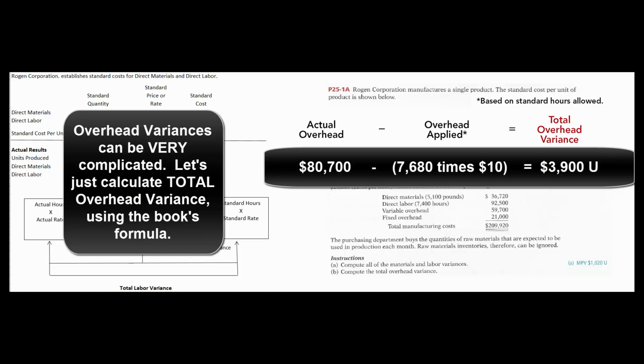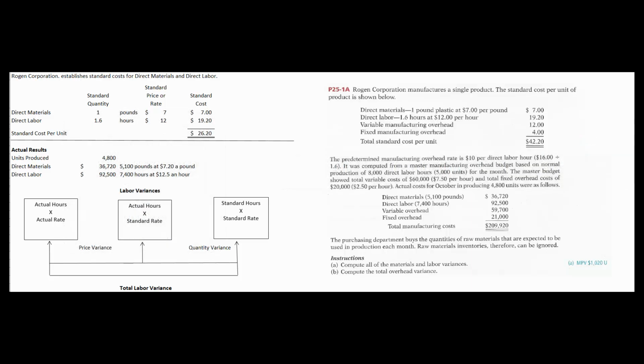So 7,680 direct labor hours times the $10 of overhead means that if we were working efficiently and at the right amount, we would have applied $76,800 worth of overhead. The actual overhead of 80,700 minus 76,800 gives us a total overhead variance of 3,900. It's a positive number, so it's unfavorable. And so that's all there is to calculating these variances for a standard costing system.